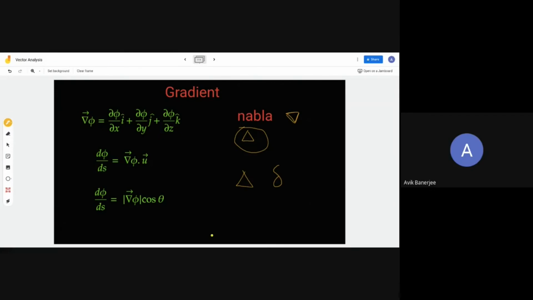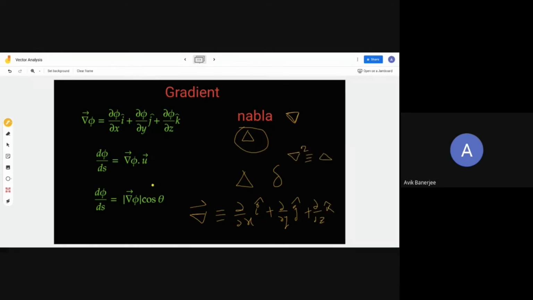So this del operator is basically this. It is a vector operator. Del del x i cap plus del del y j cap plus del del z k cap.